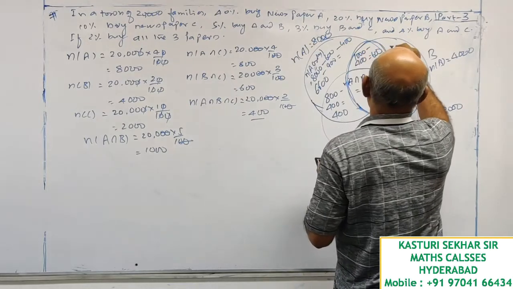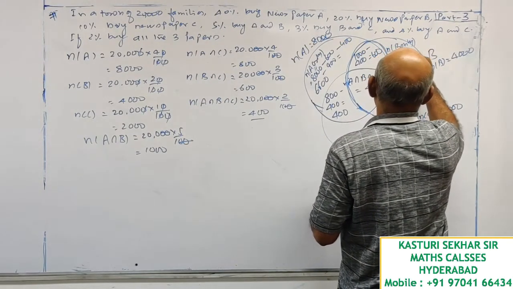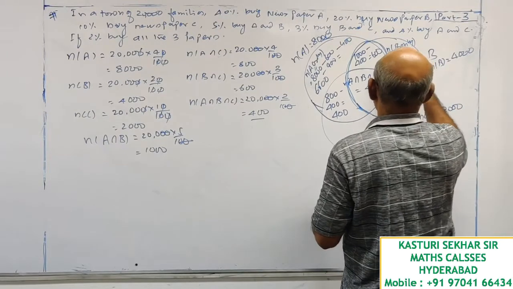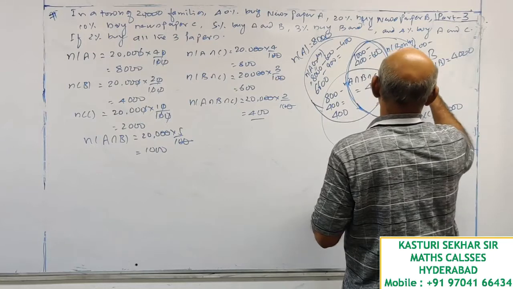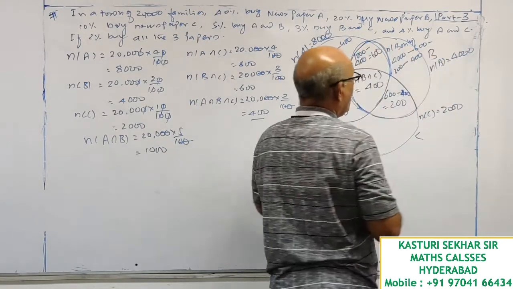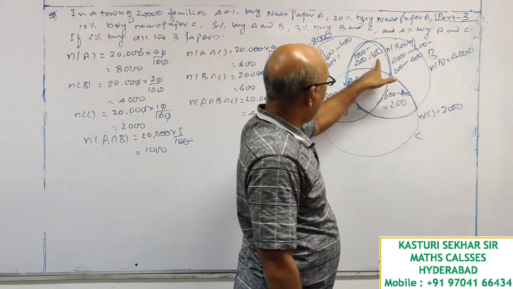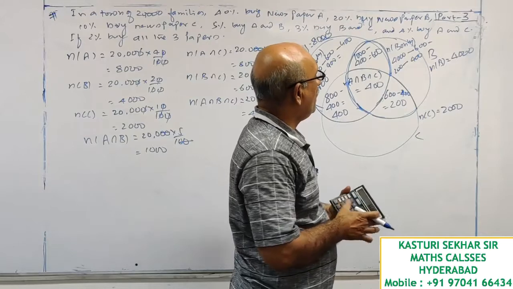Here it is N of B only. 4,000 minus 600 minus 200 minus 400. From this 4,000, these three parts I am subtracting to get this.